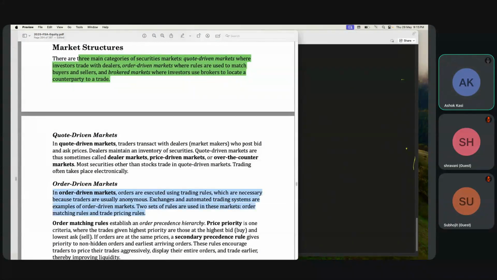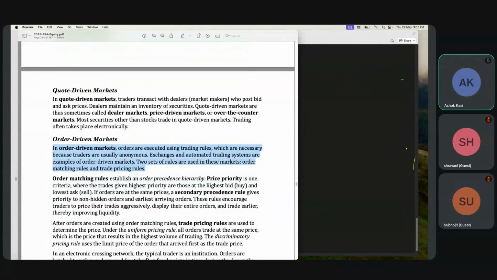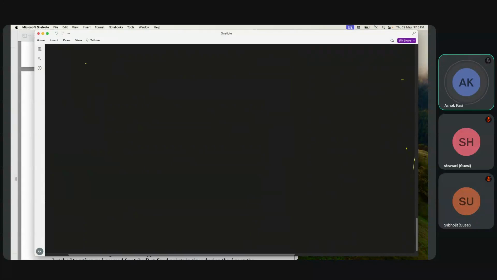Now in order driven market, we'll come to quote driven in a while, in which, what is the hierarchy that is followed. So the order matching rules, first priority is given to price.